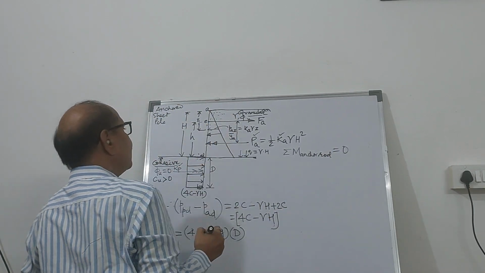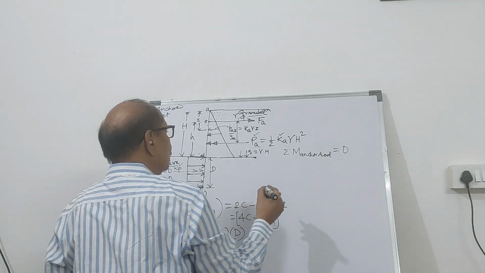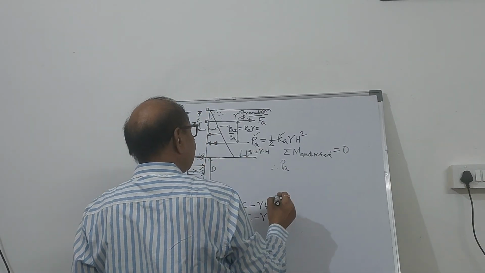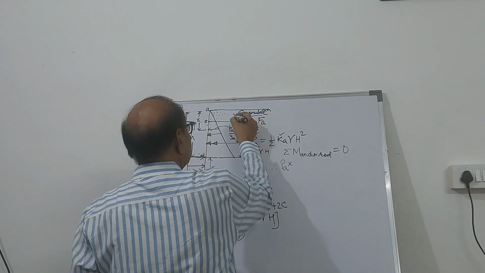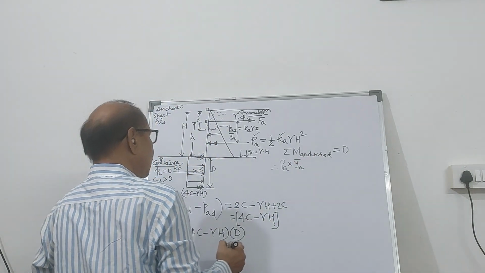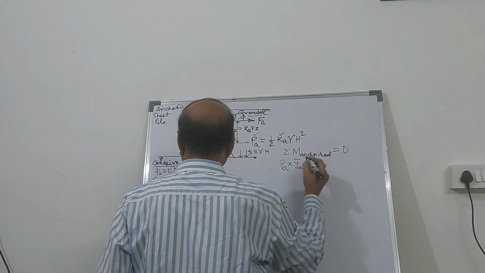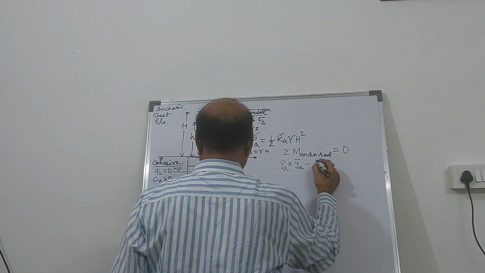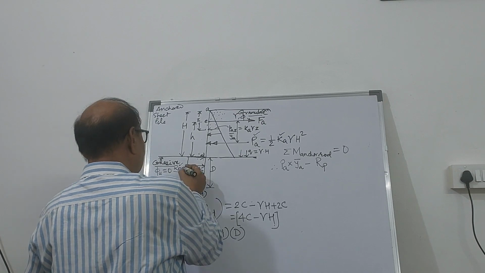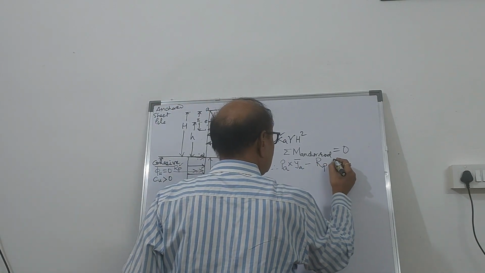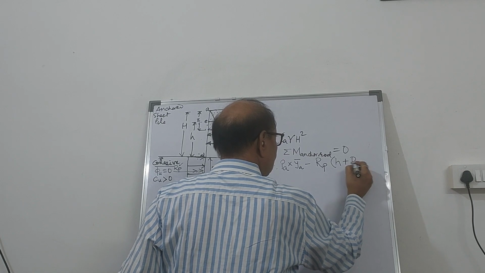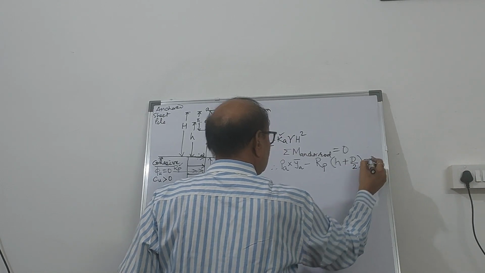The anchor rod is provided at E. Therefore, I can say that PA multiplied by this distance YA bar, minus this force RP multiplied by H plus D by 2, must be equal to 0.